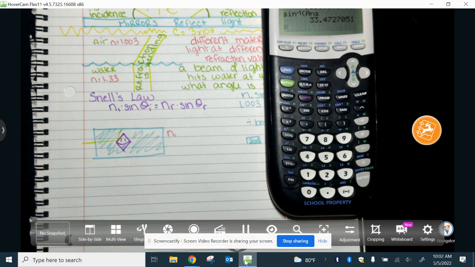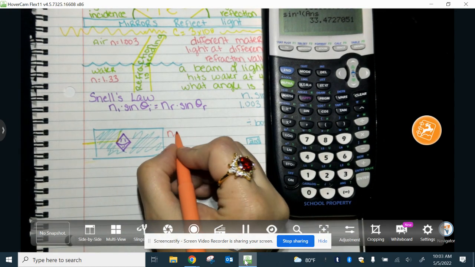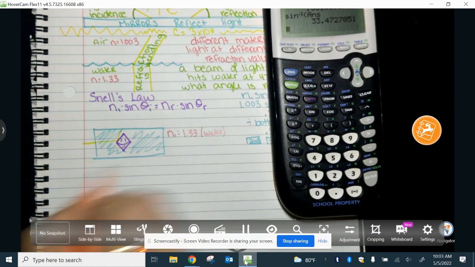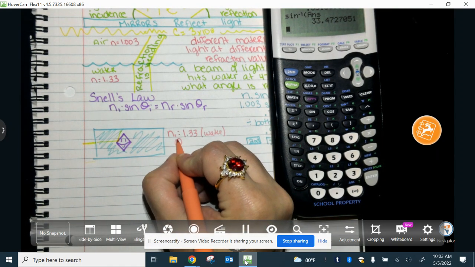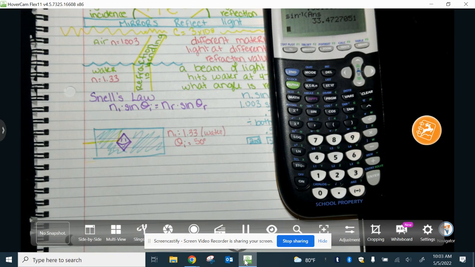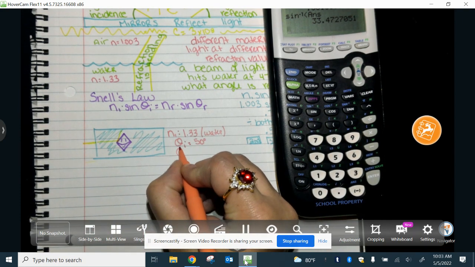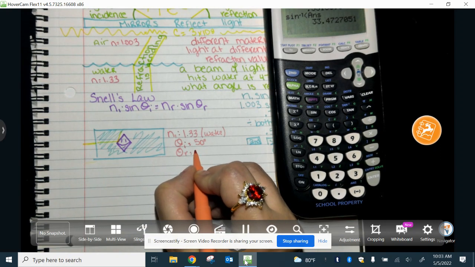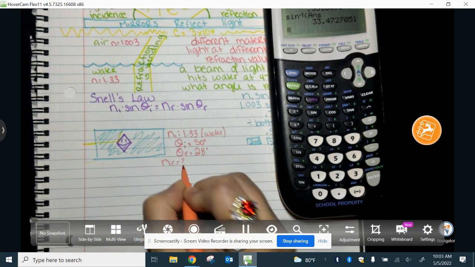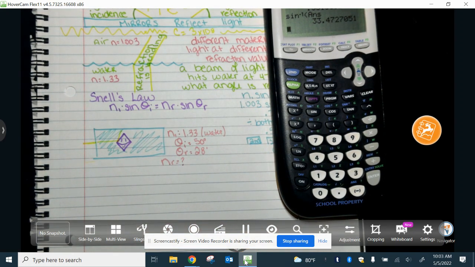My refraction index of water is 1.33. The angle of incidence, let's say it's 50 degrees. It's not, because I can barely draw straight lines, but this is where we're at. And it gets refracted at an angle of 28 degrees. What is my refraction value for amethyst?